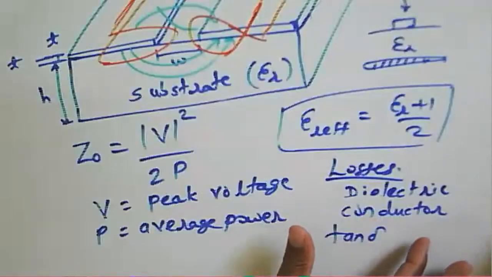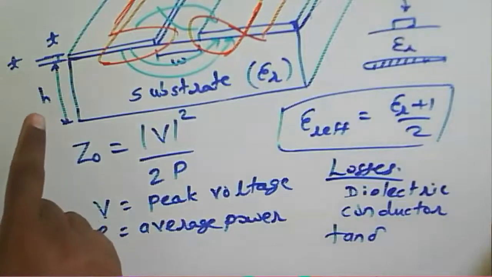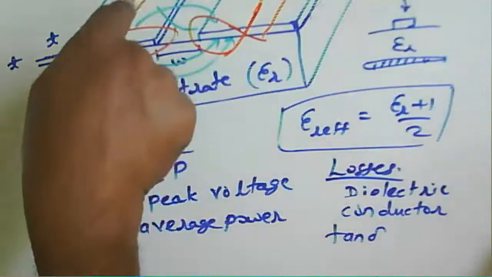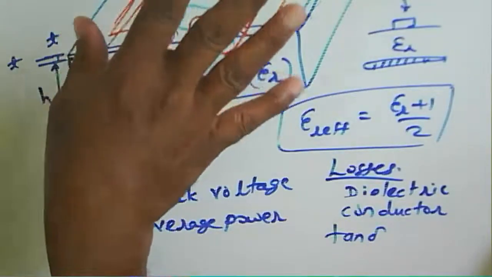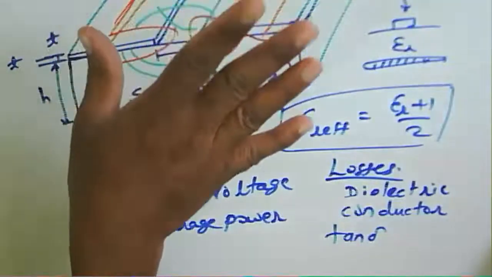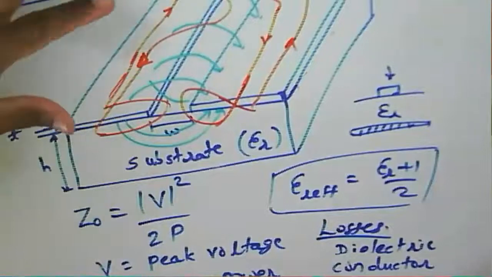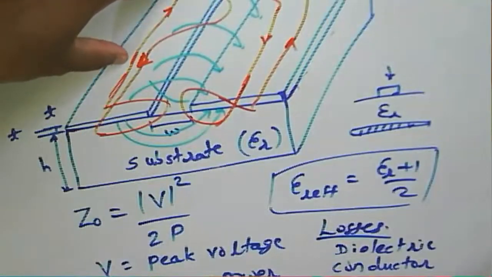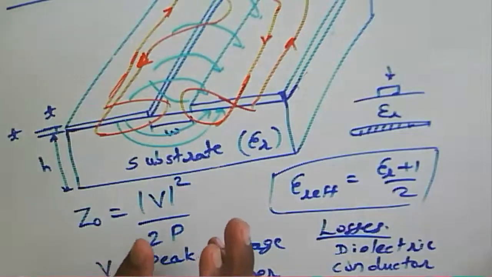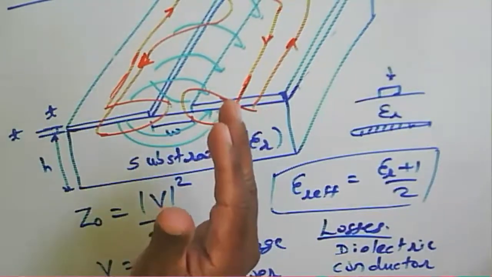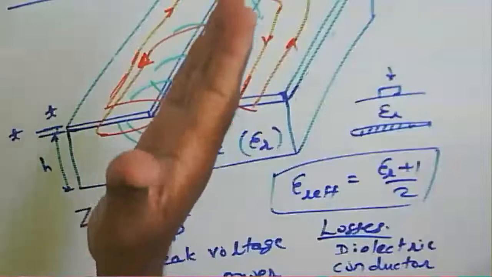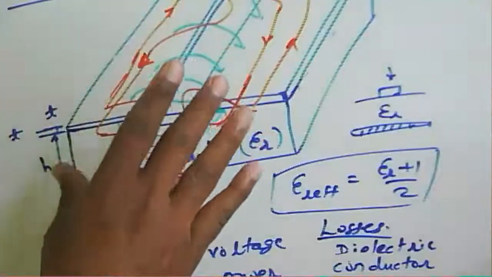Then what about the conducting losses? Conducting losses are nothing but the losses from whatever strips we are using. In that case, what will be the surface current distributions on this particular conducting plot, and based on that we need to find out the energy dissipation on this particular surface.